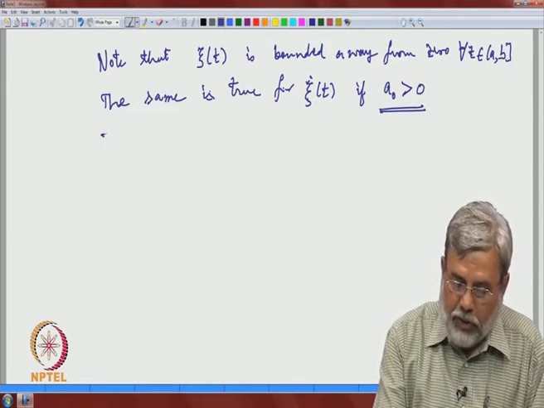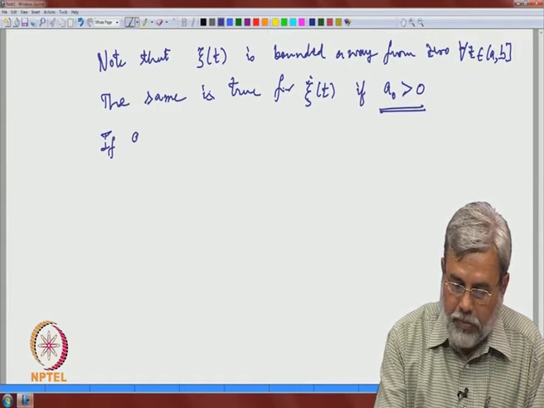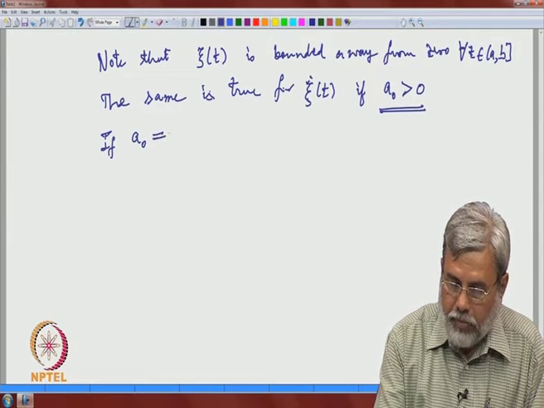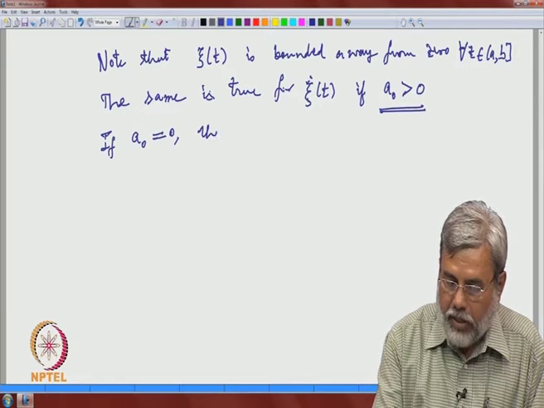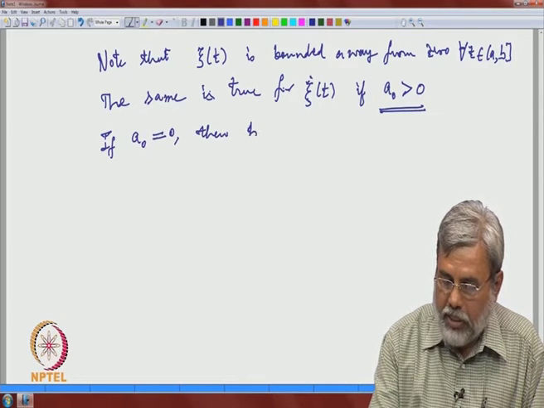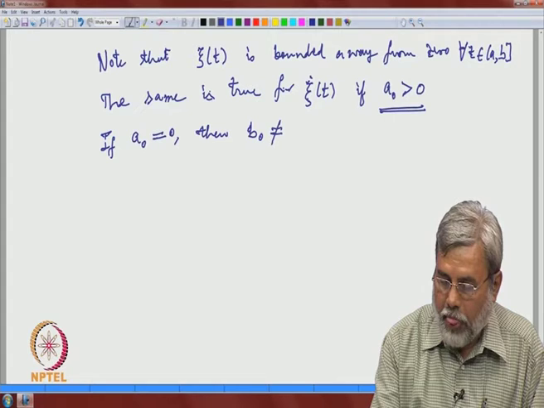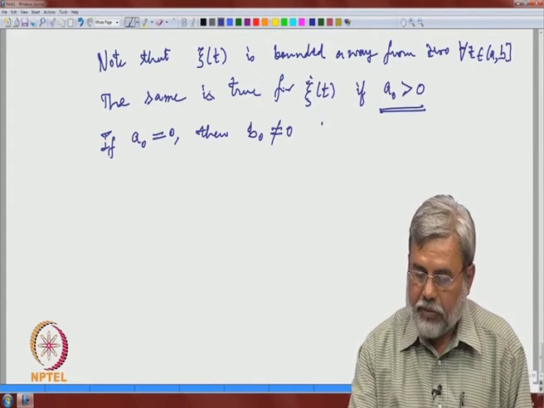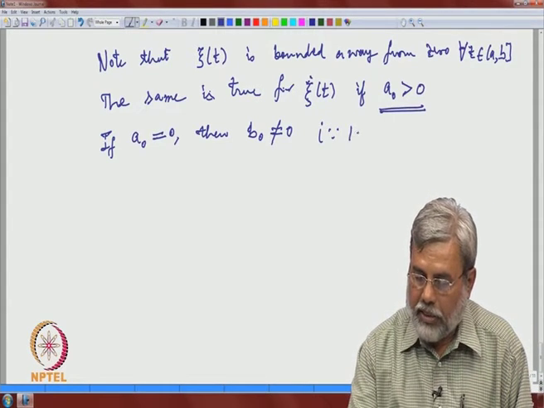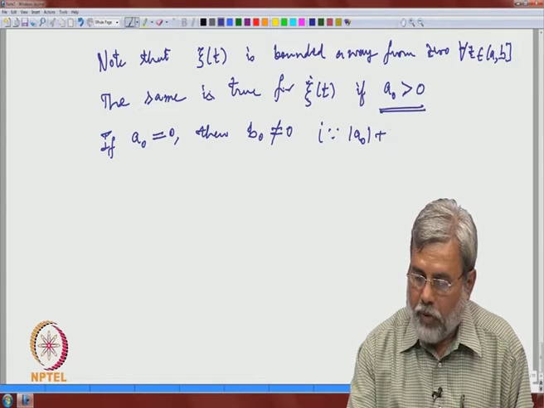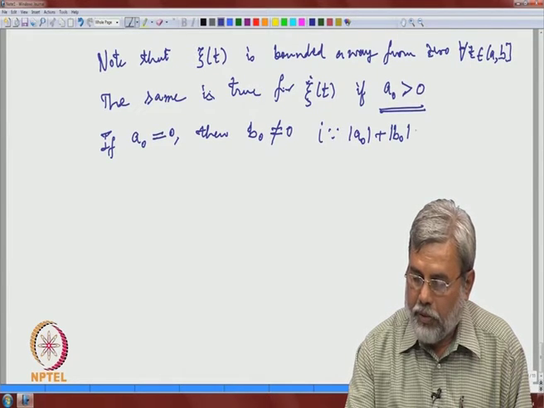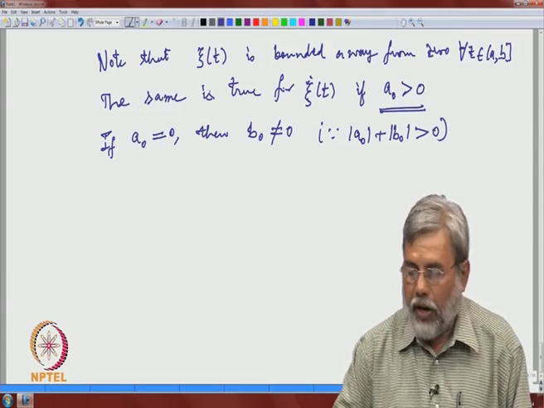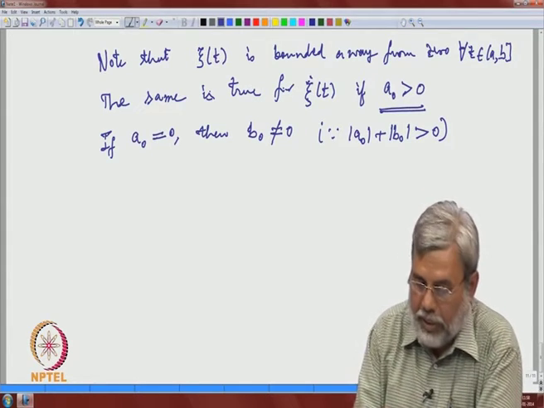So, if A0 is 0, then B0 is not 0. So, this is one of the hypotheses. In the second theorem, we want A0, B0 should not vanish simultaneously.